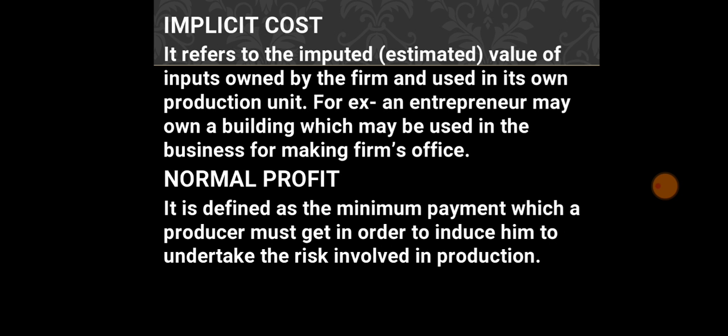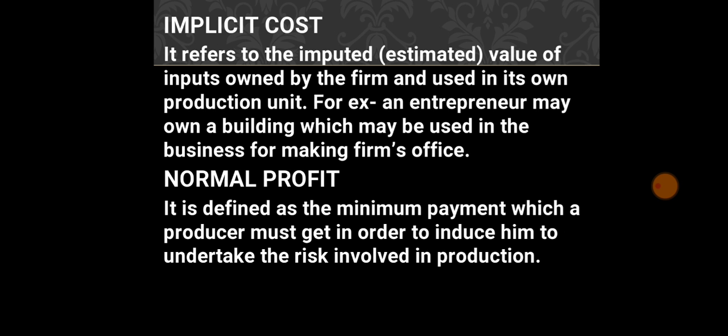Besides purchasing or hiring resources from others, sometimes the producer may also use his or her own property in the process of production. But in this case, the firm owner does not pay any money to himself. That type of predicted or estimated cost is what is known as implicit cost.